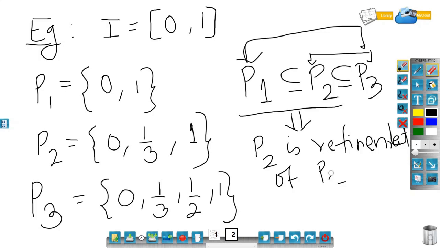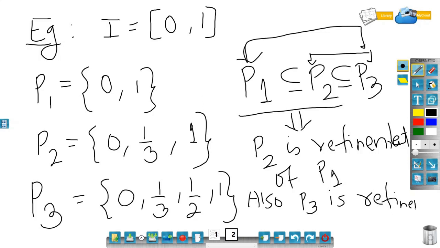So P3 is a refinement of P1 and P2. I don't feel that refinement is difficult to understand. It is one of the partitions. The only thing is that to define a refinement you should have two partitions.